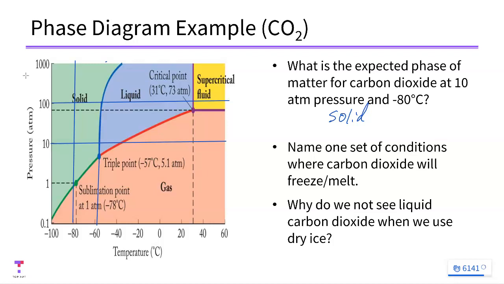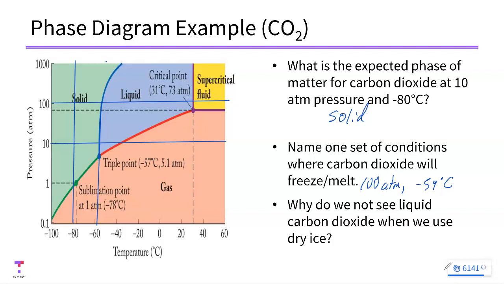We don't have a very good scale here, so we're just going to have to do our best. But at 100 atmospheres and about negative 59 degrees Celsius, we would see melting or freezing or both, if they're in equilibrium with each other, happening at those conditions.